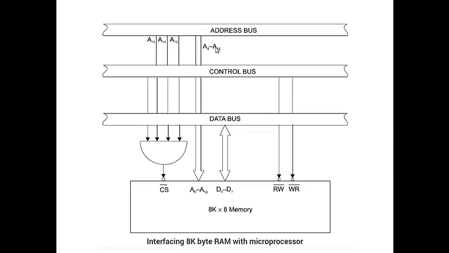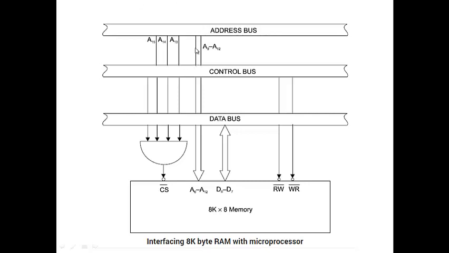So let us calculate. When you calculate 2 to the power 13 and divide it by 1024, it tells the size of your memory, which is 8K.